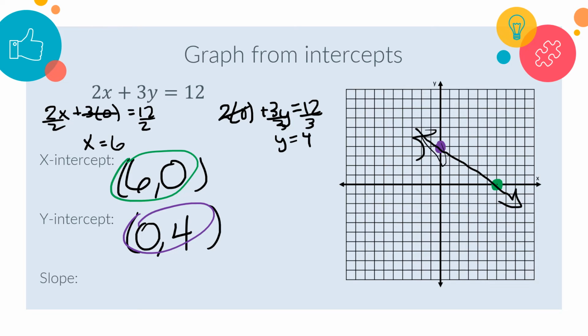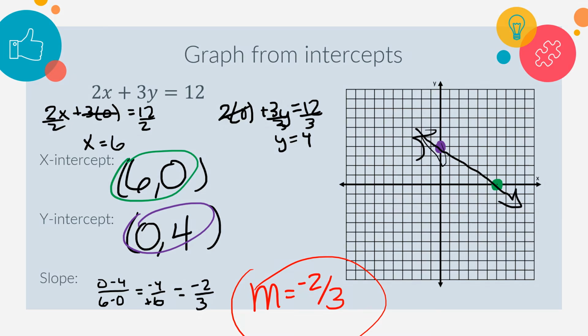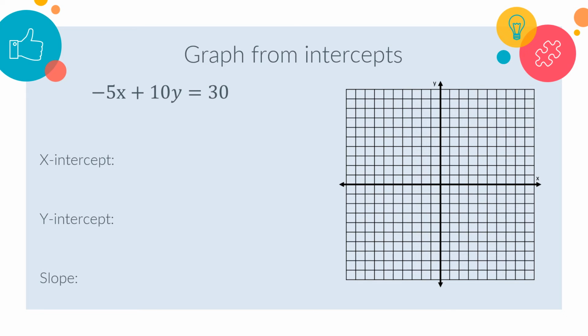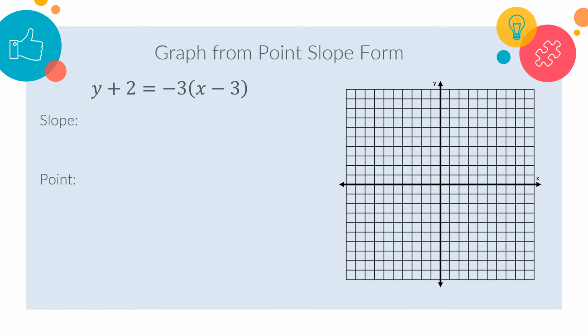You could, again, use the formula, y minus y over x minus x, see the previous videos if needed, or you could count your slope. It'd be a really easy counting job, right? Make sure if you do use the formula, you simplify, so we arrive at slope is -2/3. All right, you try this one out, same method.